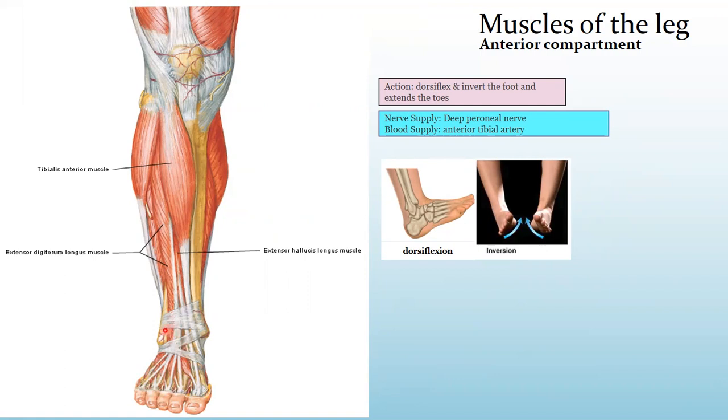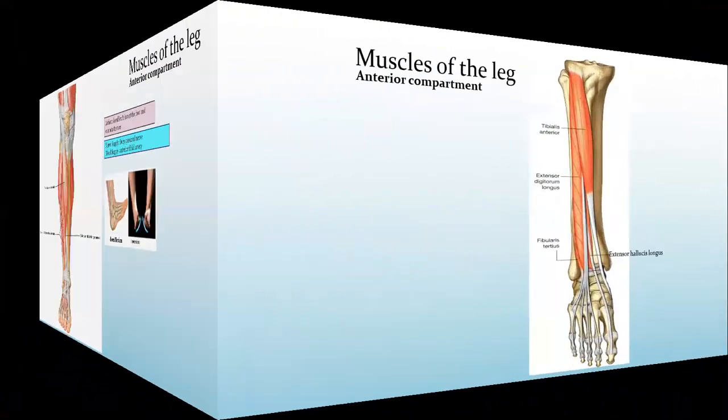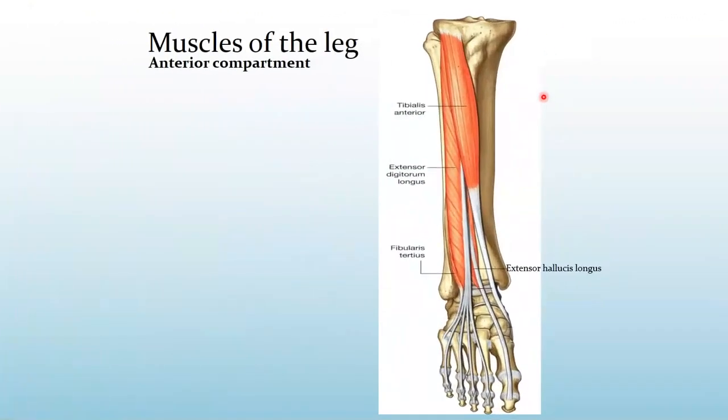They dorsiflex and invert, and are supplied by the deep peroneal nerve and the anterior tibial artery. The fibularis tertius is this one. Fibularis tertius is one of the three muscles that attach to the fibula.